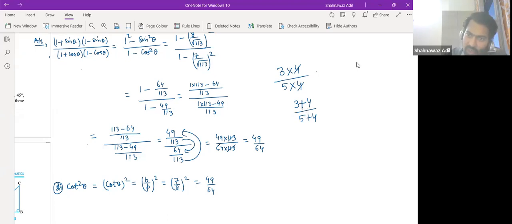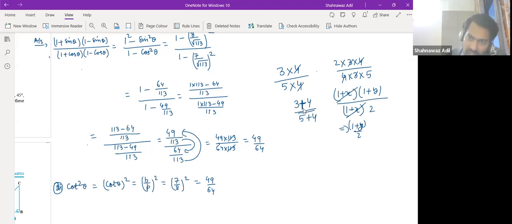But these are factors, like 2 into 3 into 4 in the numerator and 4 into 3 into 5 in the denominator, so you can cancel 4 with 4 and 3 with 3. We can divide factors, but not terms in an addition. For example, 1 plus x and 1 plus y divided by 1 plus x and 2, you can cancel the common factor 1 plus x.